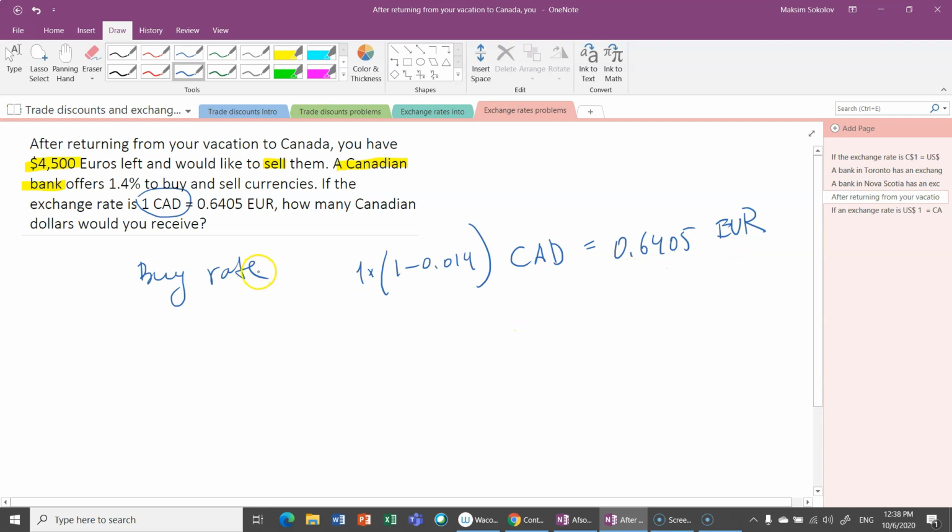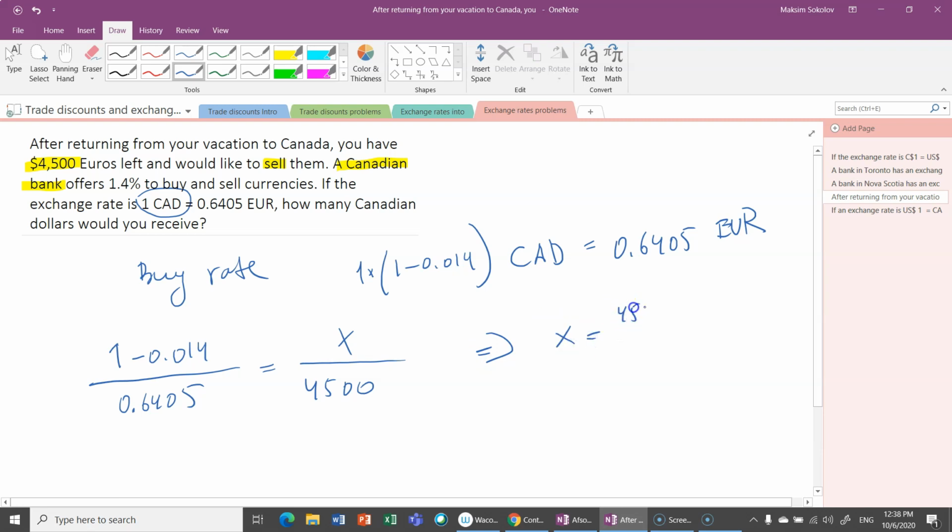And that's the buy rate. So now you build your equation. So (1 minus 0.014) Canadian dollars to 0.6405 euros is the same as an unknown number of Canadian dollars to 4,500 euros. And you now solve this ratio by finding x.